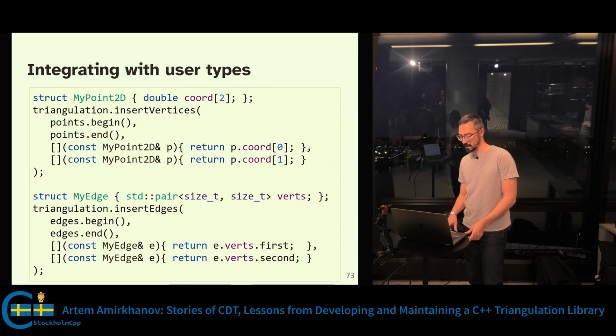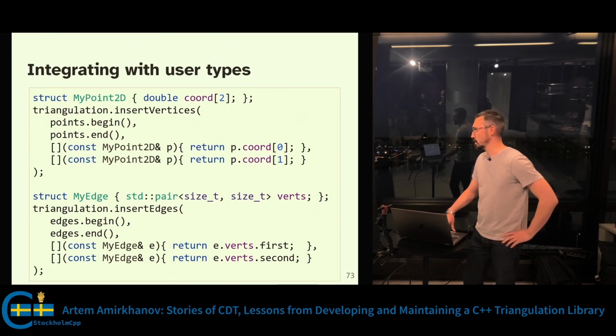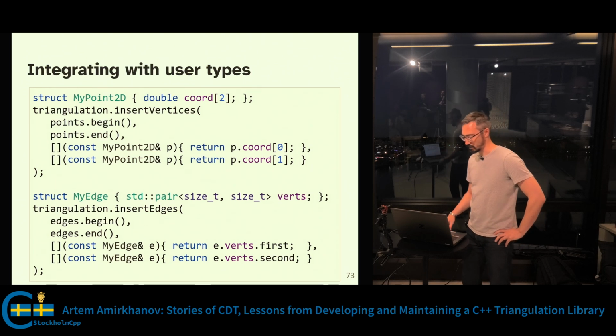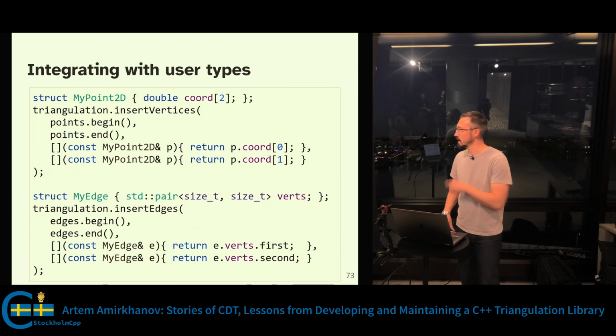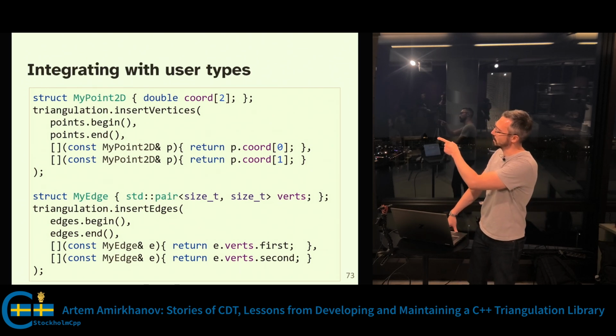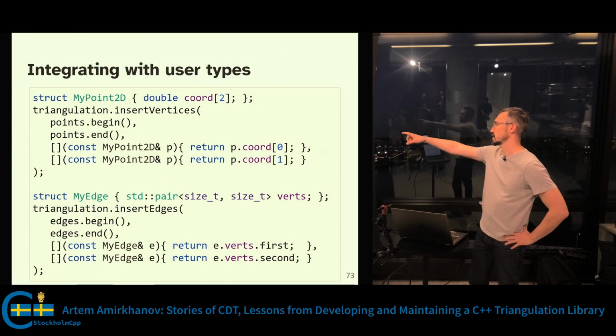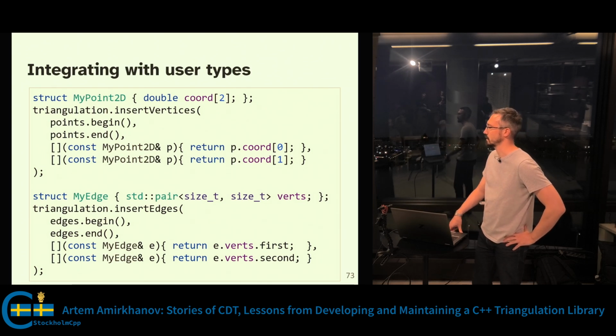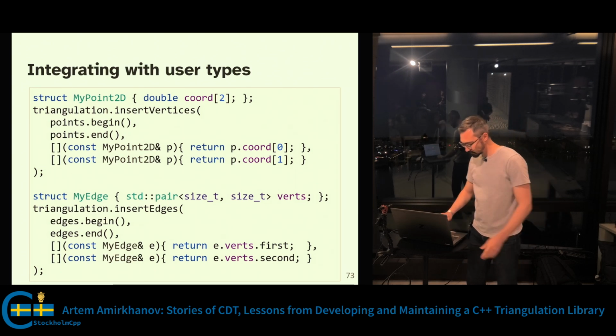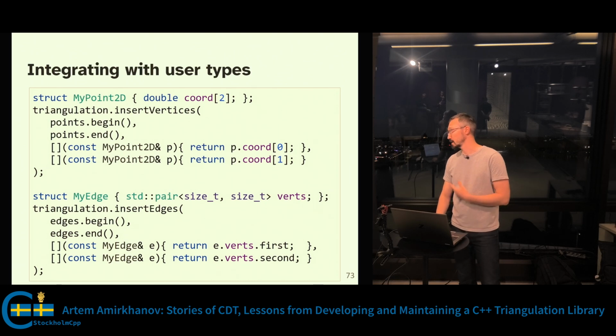So it's kind of a customization extension point, which is one way to make users' life easier. So yeah, in this code, I'll just go through the point. You see the very first line, your point is just an array of two doubles. And the getters are just returning the first and the second element of that array. Inside the CDT, it's still CDT types, though, but it's just to avoid the copy.